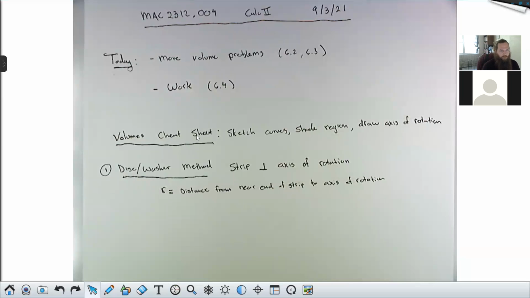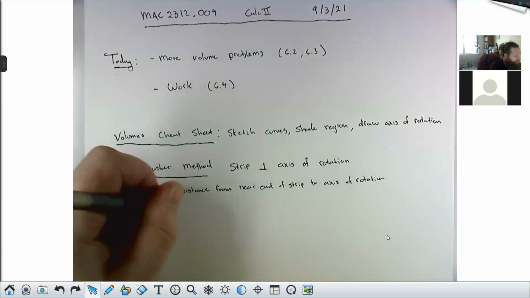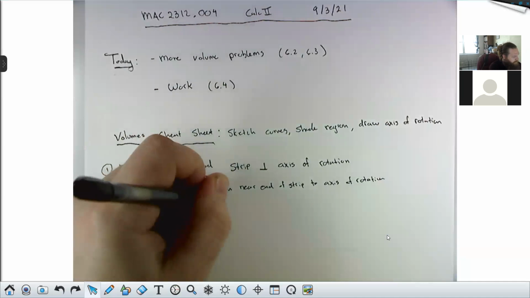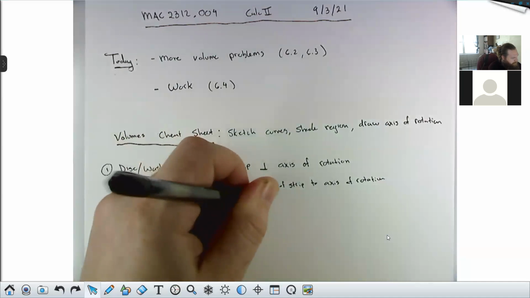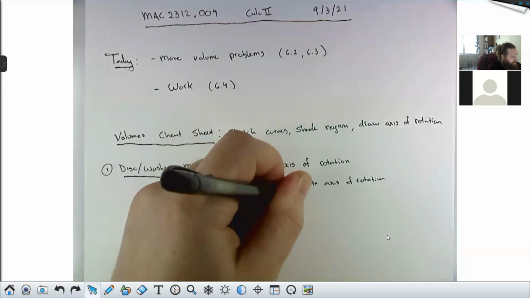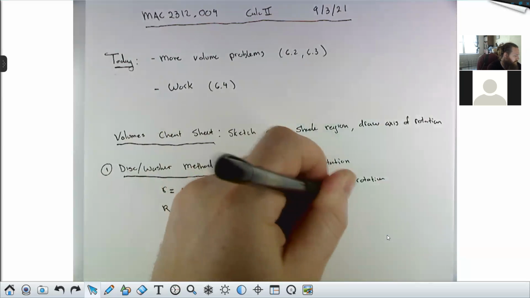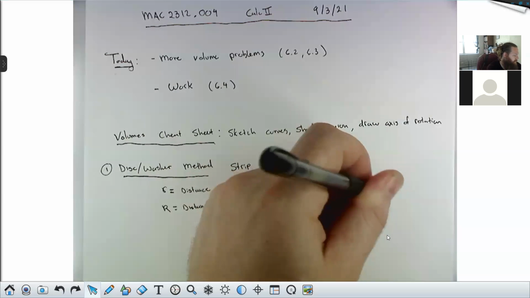So please do me and yourself a favor and write this in your notes. Big R is the distance from the far end of the strip to the axis of rotation.